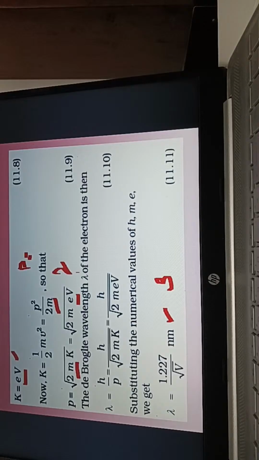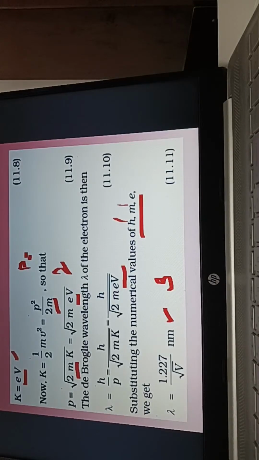Then after solving this, what is our de Broglie wavelength? h by p. P we have already done, substitute here. Two expressions are there, in terms of maximum kinetic energy or in terms of potential, whichever you want. So this is by substituting h, m, e. H is Planck's constant, 6.63 into 10 to the power of minus 34.